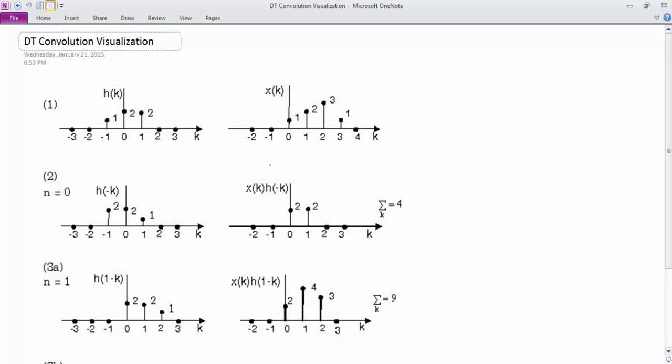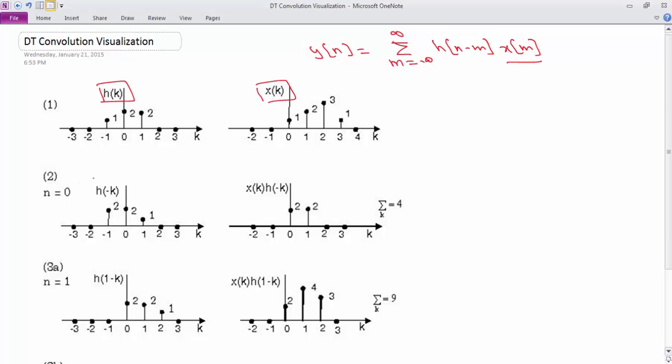Again, here is an example where we are using the version that y of n is summation m from minus infinity to infinity, h of n minus m, x of m. So we are keeping x fixed, and we are flipping and shifting h. So this is my h. This is my x.